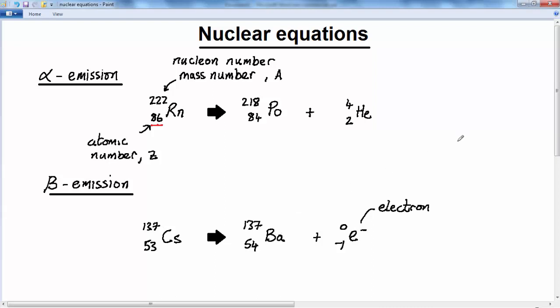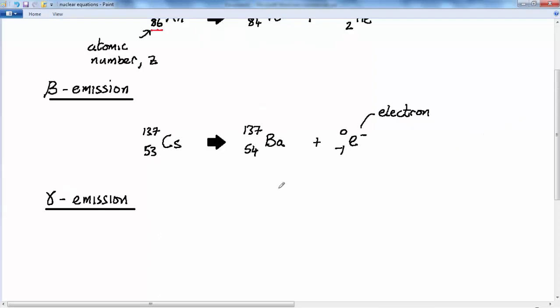Next of all, the third type of radioactive emission that can occur is the gamma emission. Now, gamma emission, its nature is not really a particle in the same sense as an alpha particle or electron. It is a type of electromagnetic radiation. So straight away we can put over here, we've got our gamma particle that's being emitted.